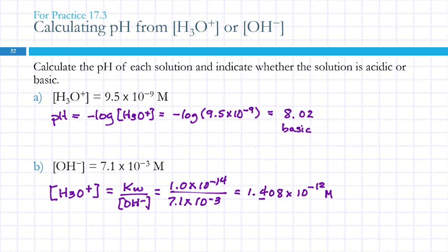So then pH is the negative log of 1.408 times 10 to the minus 12. 11.85. I'm done swimming around it.